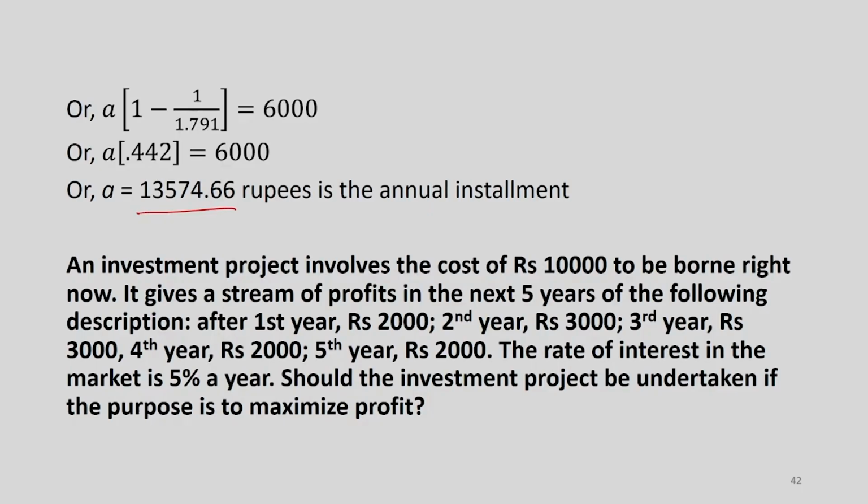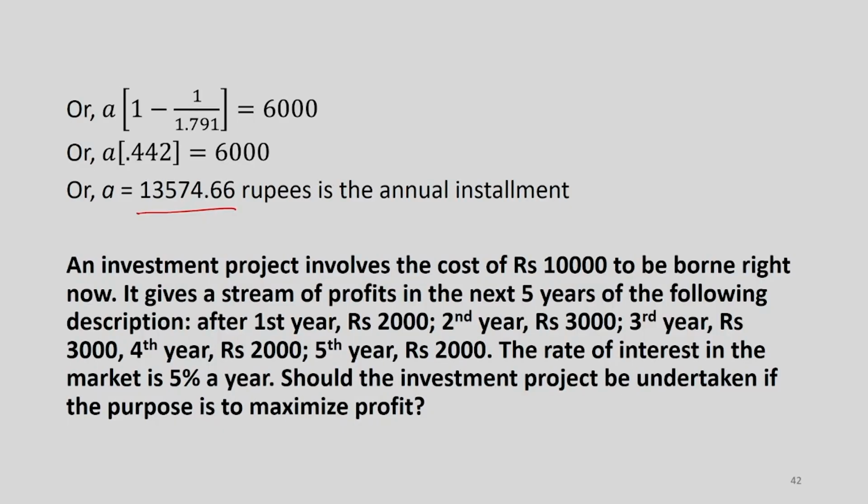So basically it means that the borrower has to pay back this as the equal annual installment, EAI you can call it instead of EMI, 13,574 rupees 66 paise for 10 years for the loan that he had taken of 1 lakh rupees. Okay, so this is something we discussed in the last lecture, last problem.